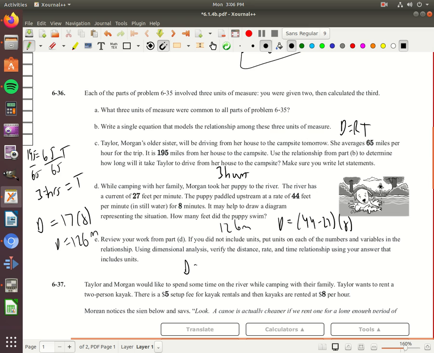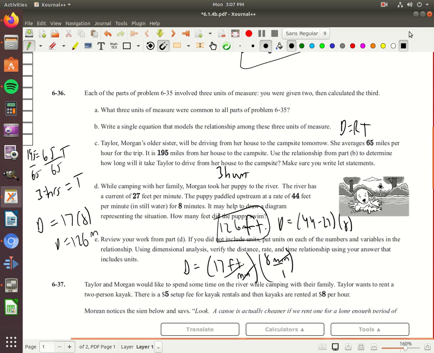But distance is equal to 17 feet per minute for 8 minutes, right? So the minutes cancel out and what's left is feet. Although I wrote meters. There we go. So I guess dimensional analysis is a good idea to get the correct units, but you can see the minutes cancel and what's left is feet.